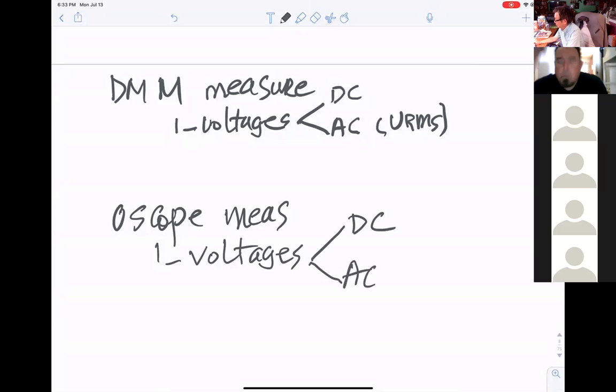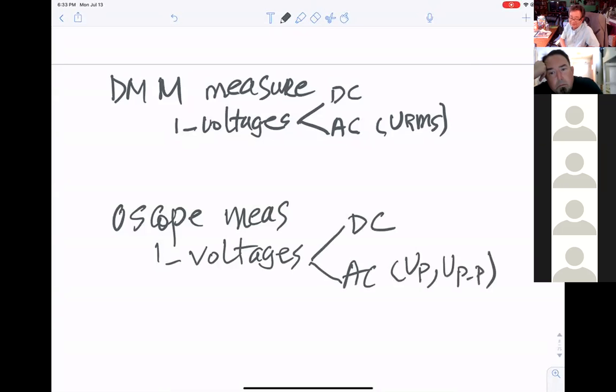And the voltage you can only get will be V peak or V peak to peak. You can see the big difference. With AC, you have to factor in time as well, whereas with DC you don't. On the AC, if you're looking on the oscilloscope, it can display the wave sideways, but the meter cannot.